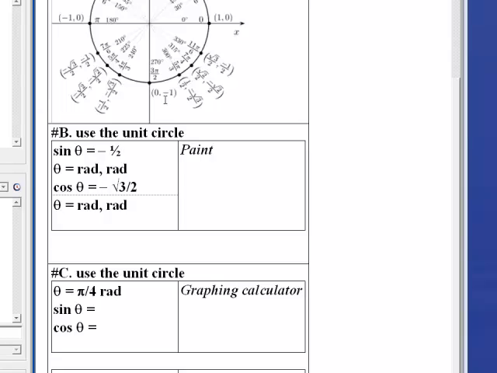So we're going to look where the y-coordinate is negative 1/2, and it is at 210 degrees, or 7 pi over 6. So I'm going to plug that one in. 7 pi over 6, but it occurs again over here at 330 degrees, or 11 pi over 6.